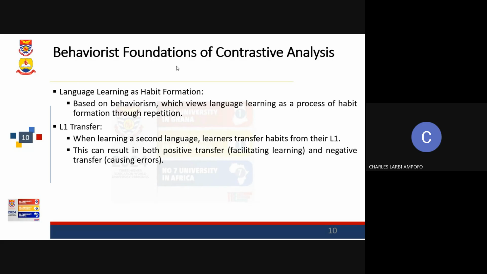The learning will be smooth. You wouldn't encounter difficulty. But if you transfer negative forms, then it will result in what? Errors in the second language. All right. That is why they compare the structures of the two languages to predict the errors.